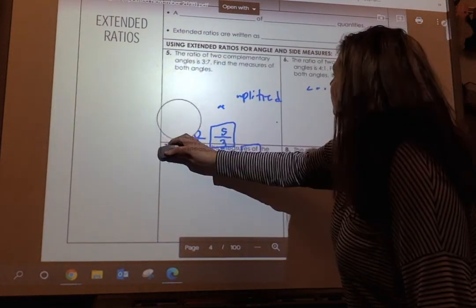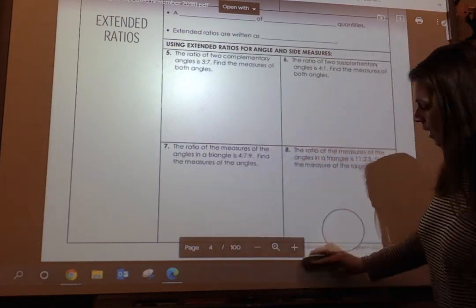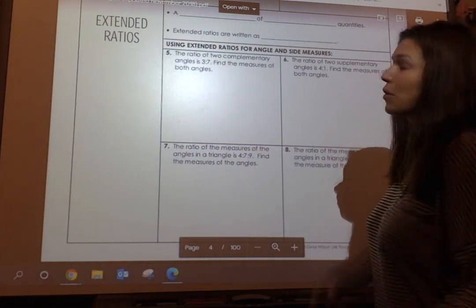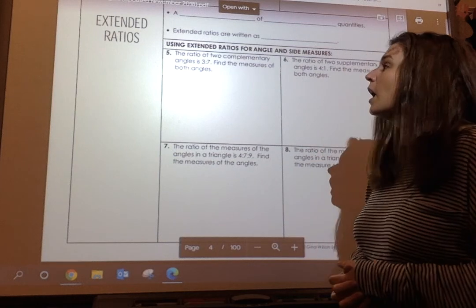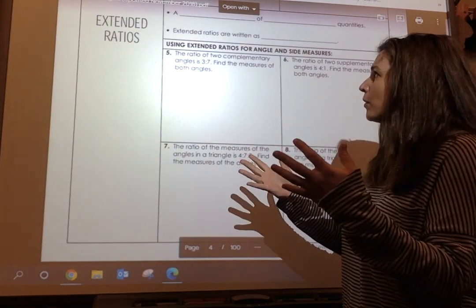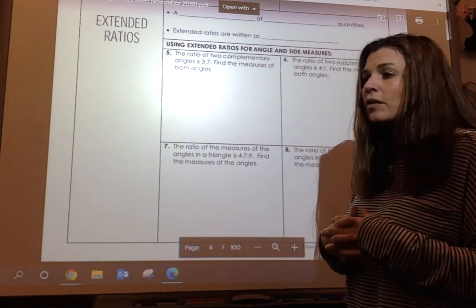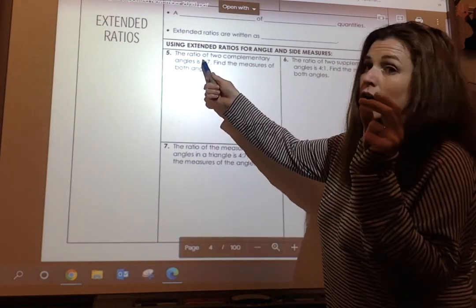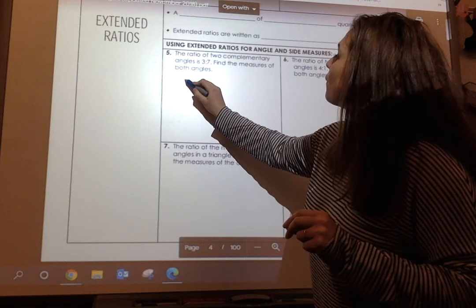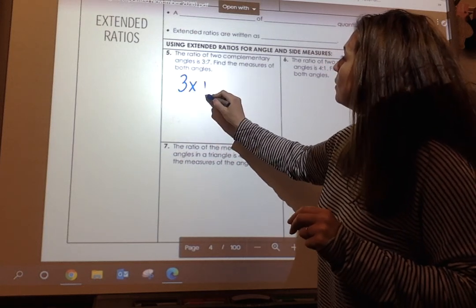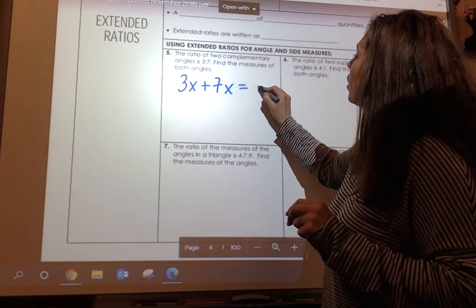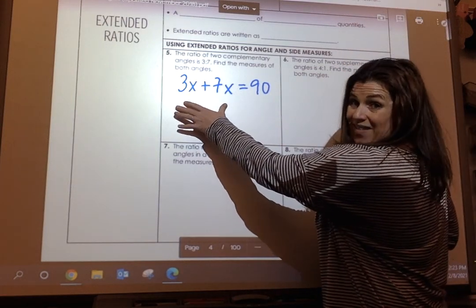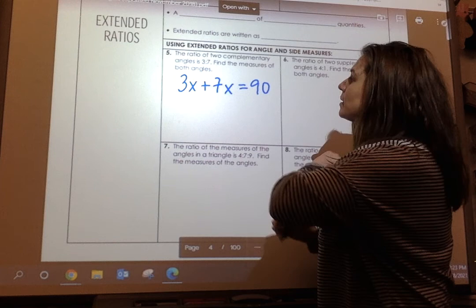So we know if you have a ratio of two complementary angles of 3 to 7, that's the proportion of complementary angles. So what do we know about complementary angles? We know they add up to 90. And they are in the proportion of 3:7. So both of those angles add up to 90.